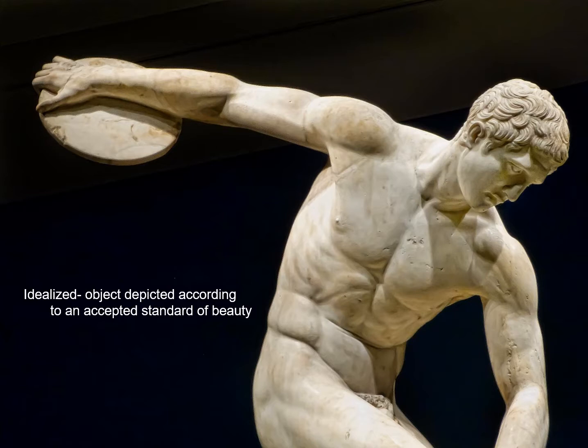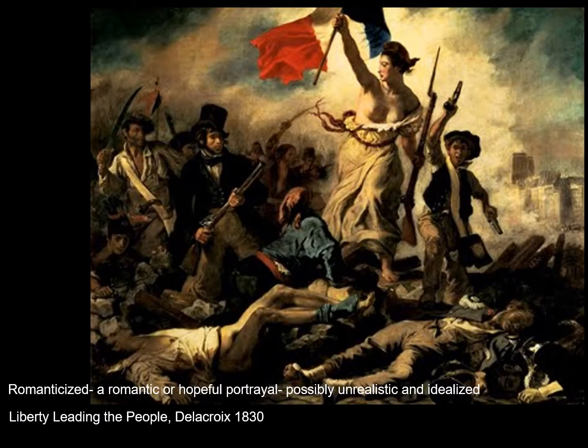The images that we see in magazines, they're polished, they're all photoshopped and airbrushed in order to make the image perfect. This wasn't any different with the ancient Greek people. And when we see an image like this, we call it idealized. So this object has been created and curated according to an accepted standard of beauty, not something that's necessarily grounded in what real humans would have looked like.